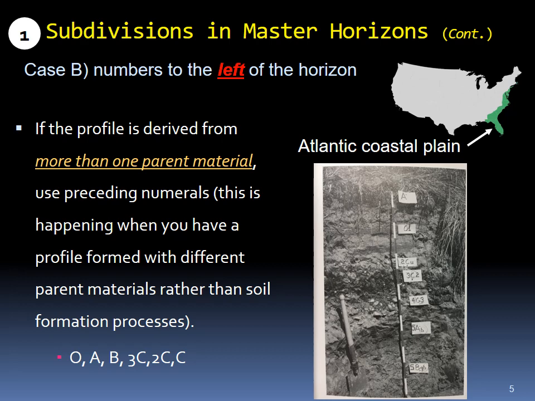Now if you go further down, you would find 3C2, and this layer is a black layer. If you dig into it, you would find that this black color is basically a charcoal deposition.